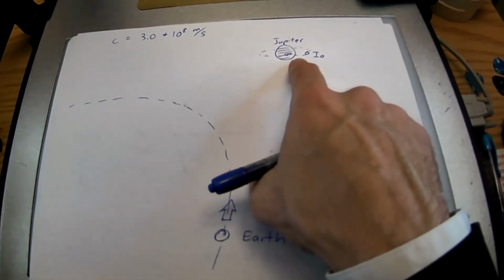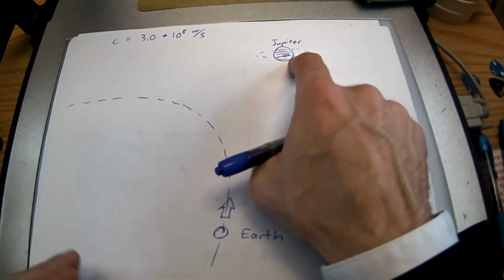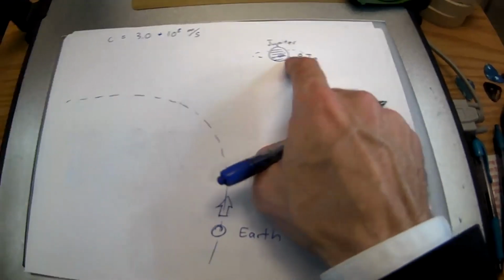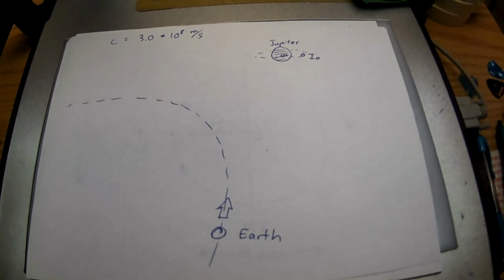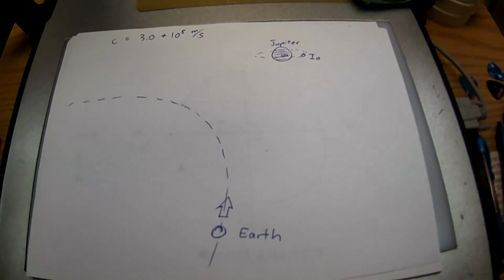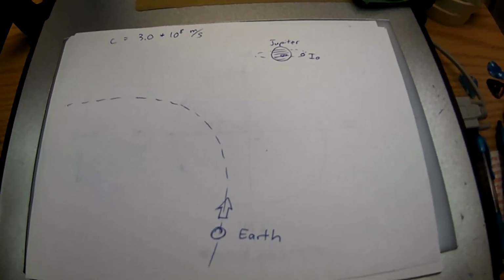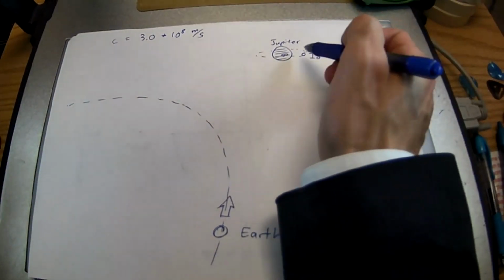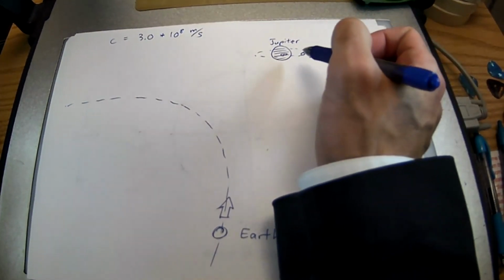This guy was watching the orbit of Io. It takes about 42 hours. But he noticed that the time was inconsistent.